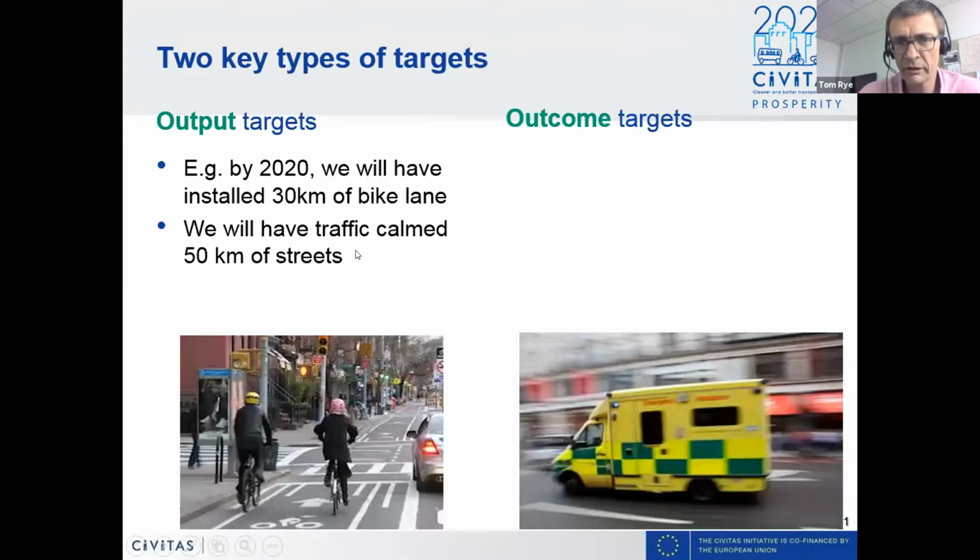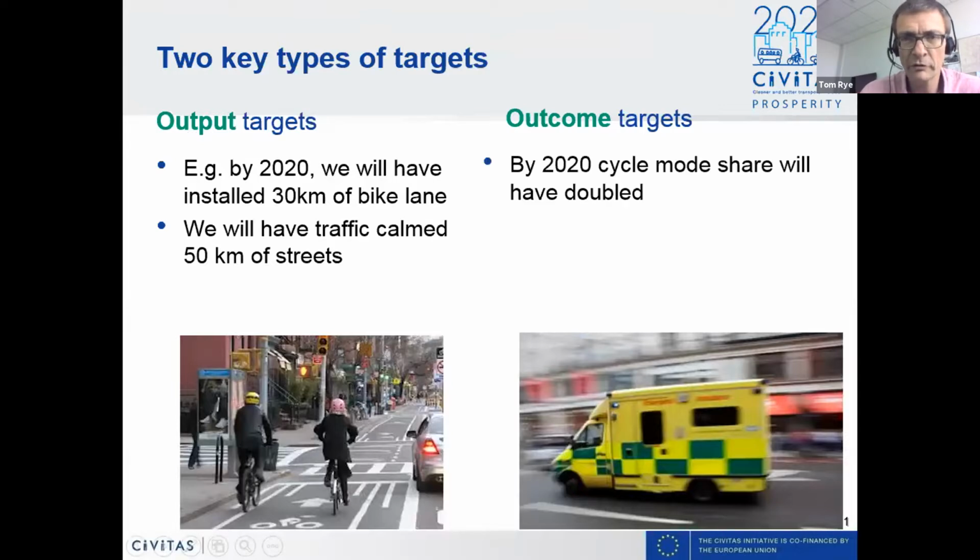The same with traffic calming 50 kilometers of street. And the beauty of this is that it's relatively easy for the municipality to control. If it knows how much money it wants to spend on bike lanes or on traffic calming, then it can say, yeah, we can do this much by that date, and we will have delivered this output by that date.